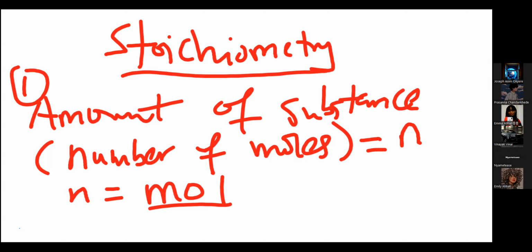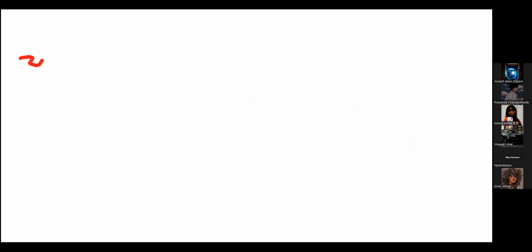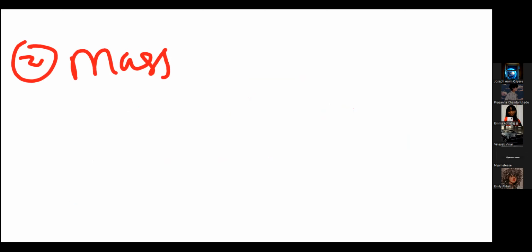Okay. Now let's move on to the second one, the mass. You can be asked to find mass. Mass is measured in grams. Whatever unit they give you, change it to grams. Why? Because we do gram per mole.